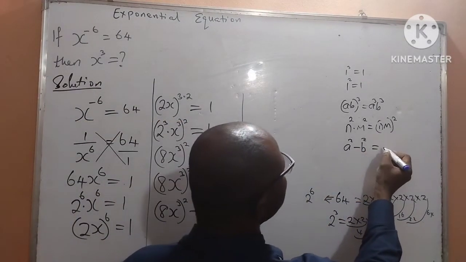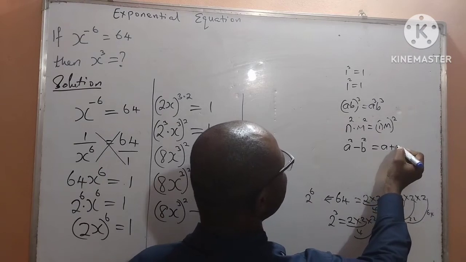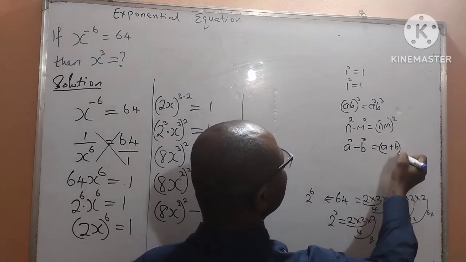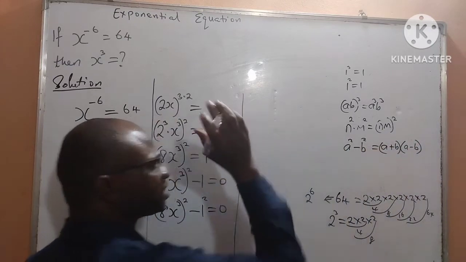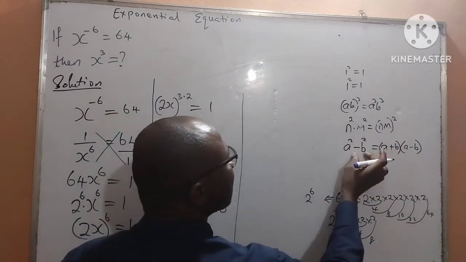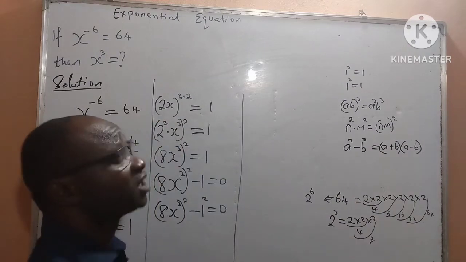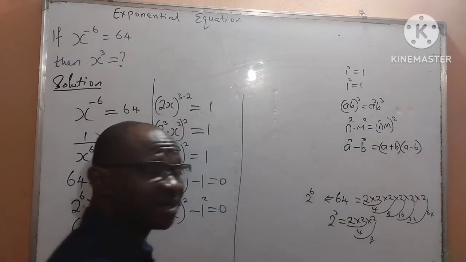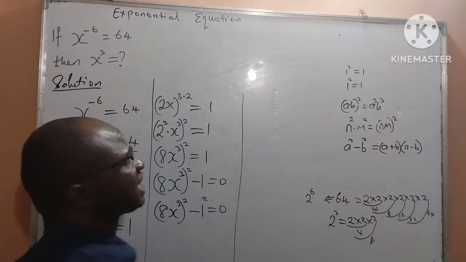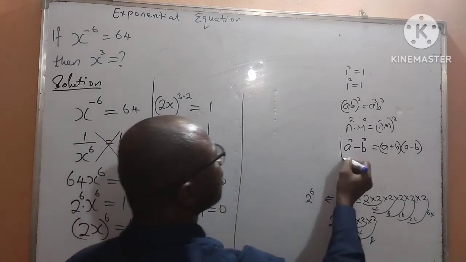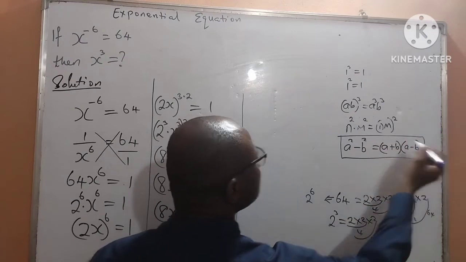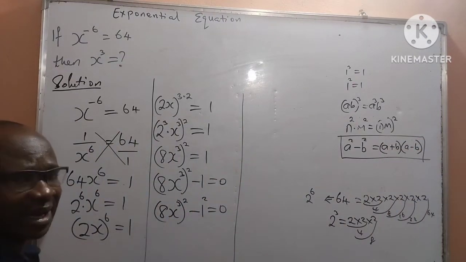This is the same thing as (a plus b) into (a minus b). The left hand side is equal to the right hand side. If we open this bracket on the right hand side, it is going to give us exactly what is written on the left hand side. And therefore, I am going to apply this law of difference of two squares to where we are now.